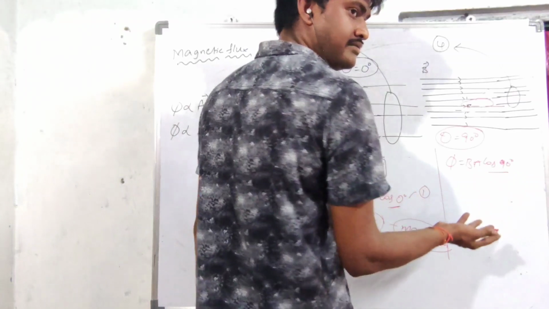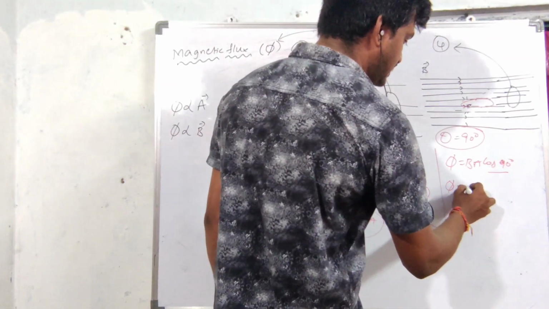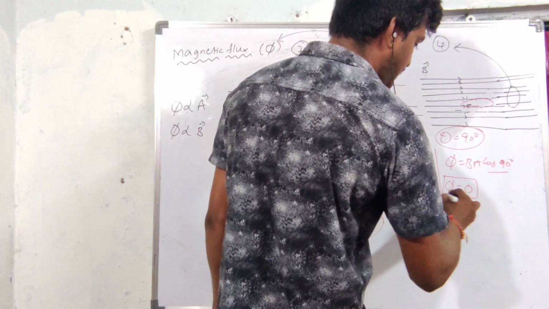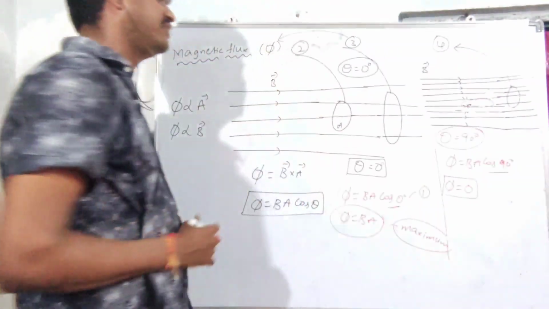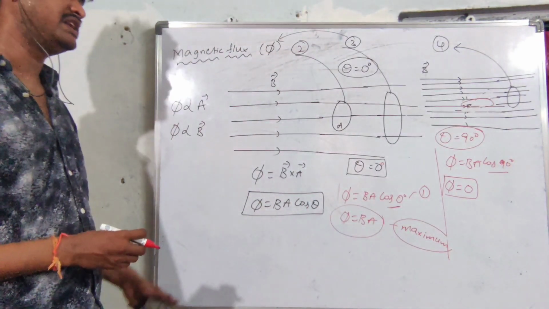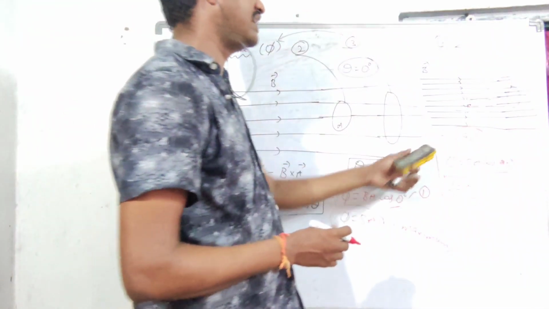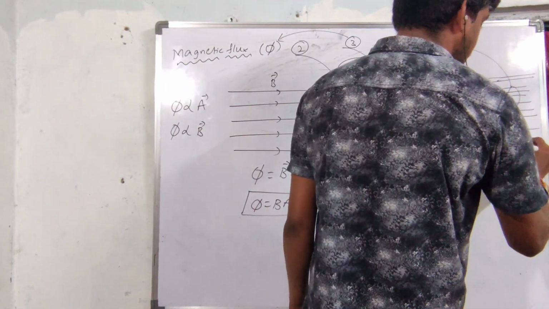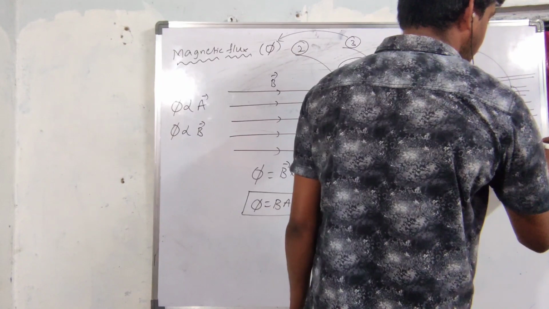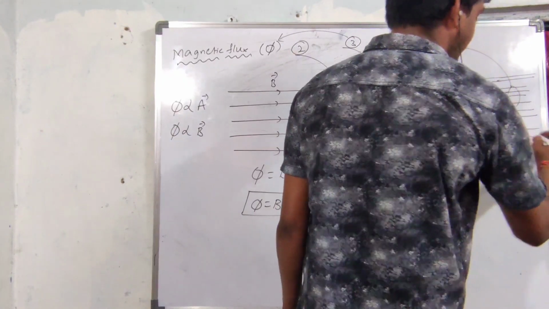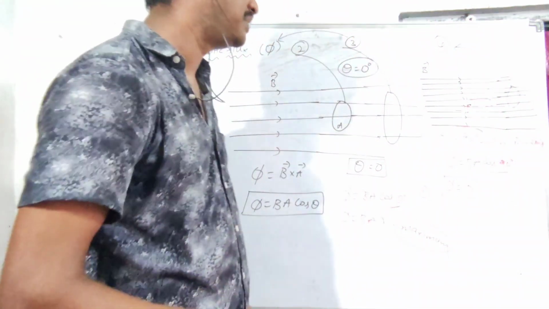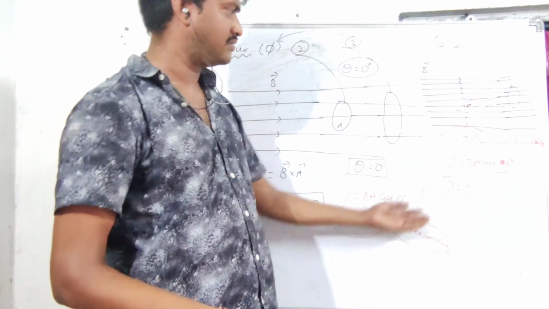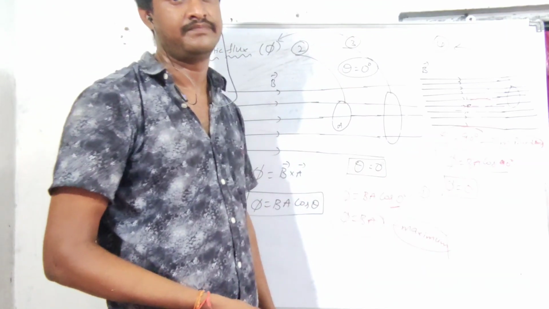Cos 90 is 0, so phi is equal to 0. That means whenever theta is 90 degrees, the magnetic flux is minimum. So please remember it; they will also ask these small questions.